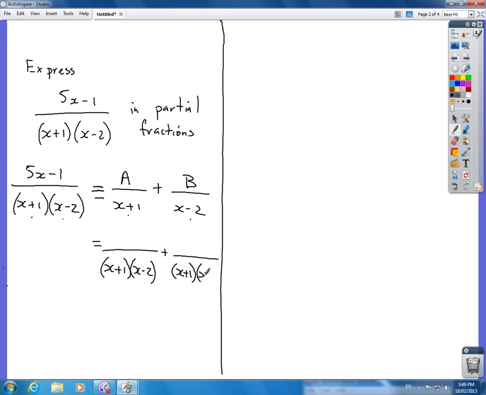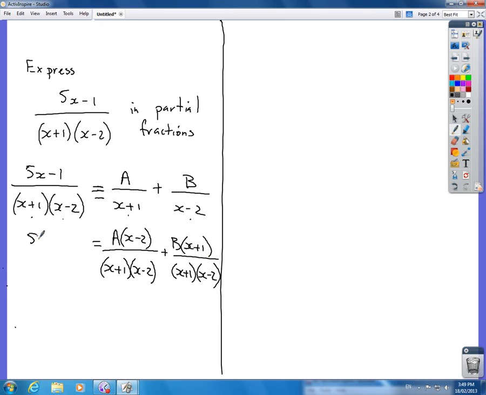How did I get this? I multiplied x + 1 times x - 2, so I have to multiply the numerator by x - 2. This one I multiplied the denominator by x + 1, so I have to multiply the numerator by x + 1.